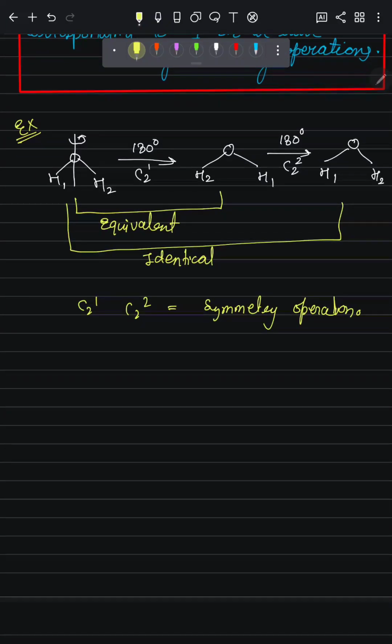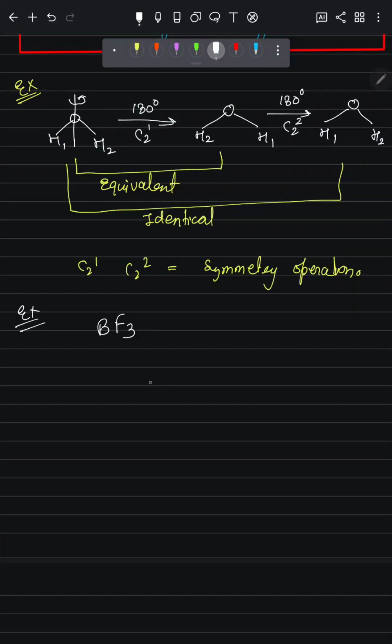Let's understand this with another example, BF3. If we draw the structure of BF3, we see a trigonal planar structure, and we pass a C3 axis through its middle.